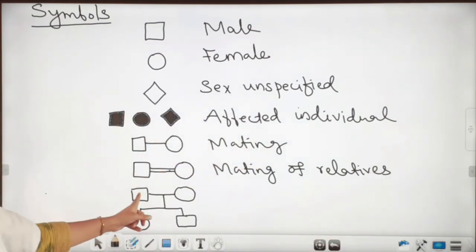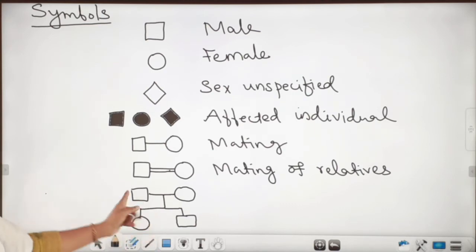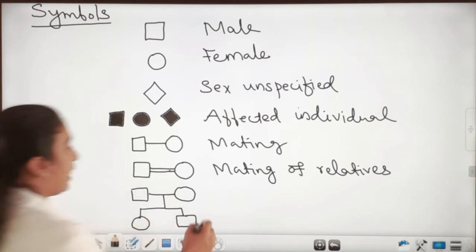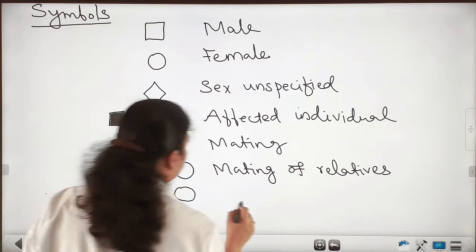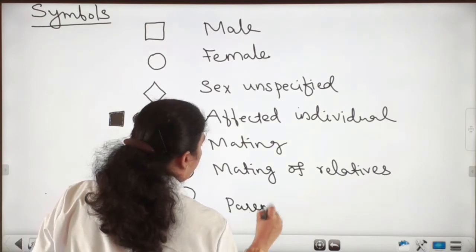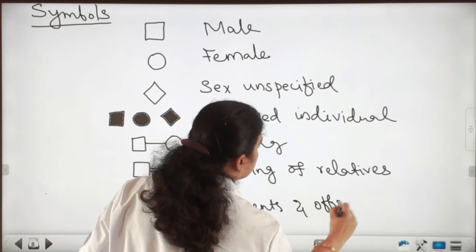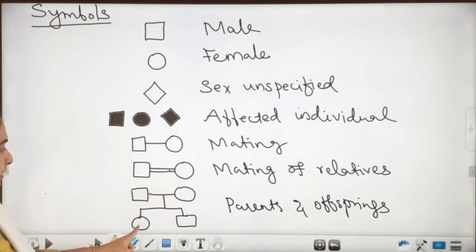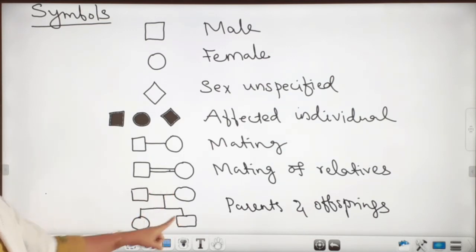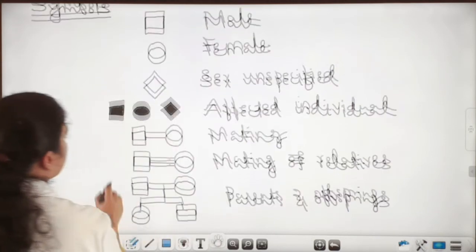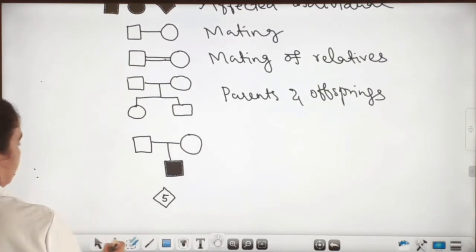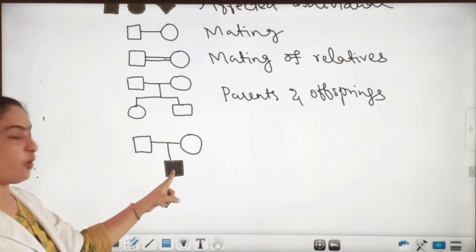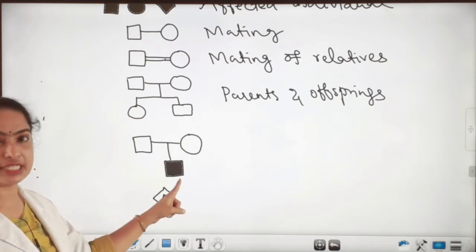Next, we can see parents and next generation. The parents are here, they are having children. Parents above and children below. Parents and offspring. Here, the male parent, this is the female parent, and they are having one daughter and one son. Next symbol we can see here: male parent and female parent, they are having only one son, and that son is affected.